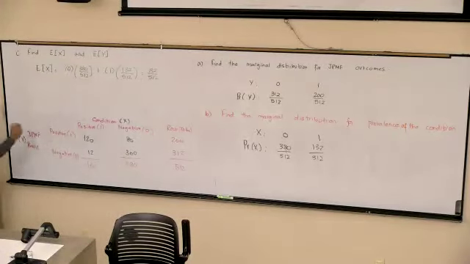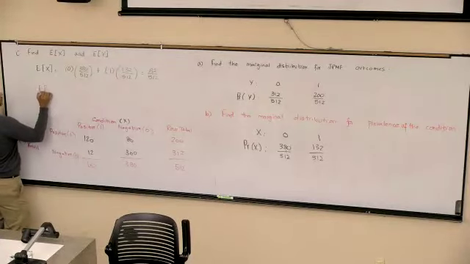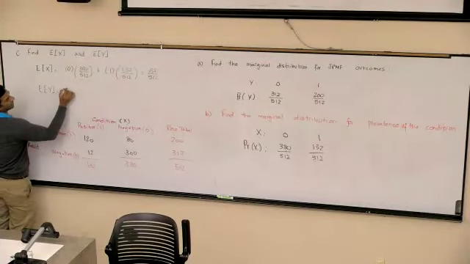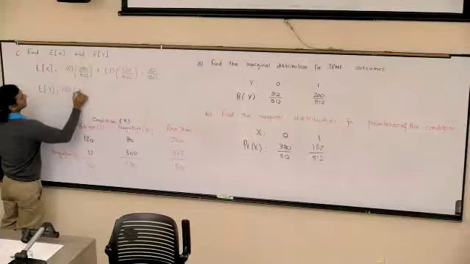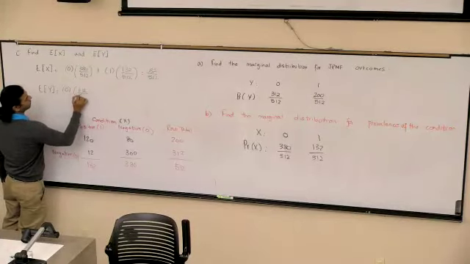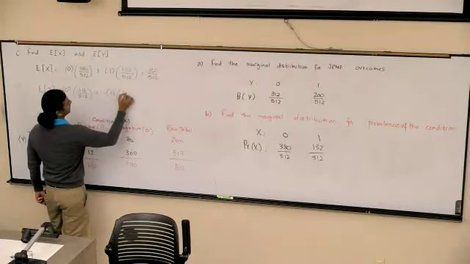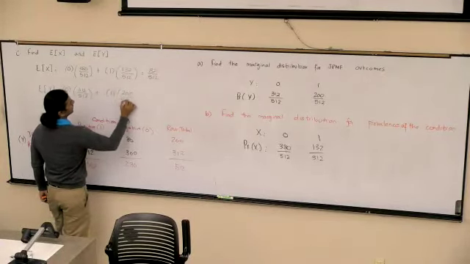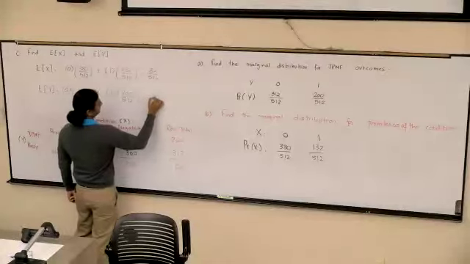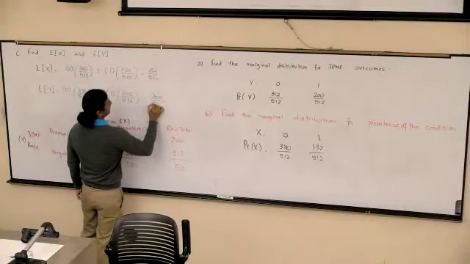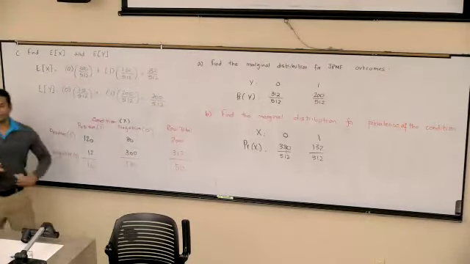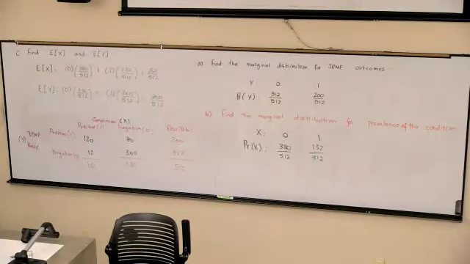Expectation of Y, 0 times 312 over 512 plus 1 times 200 over 512, which is 200 divided by 512.